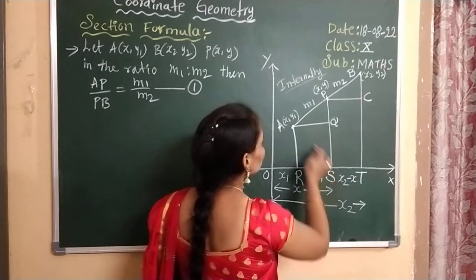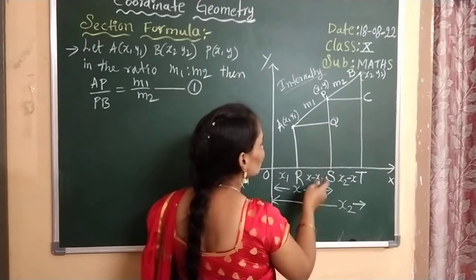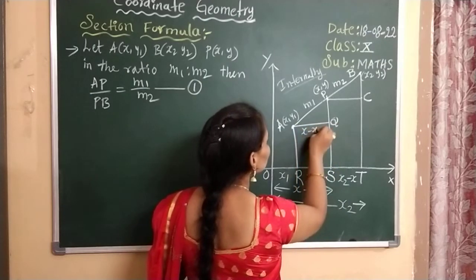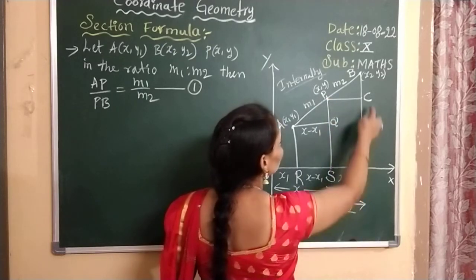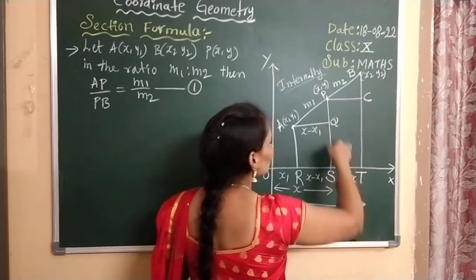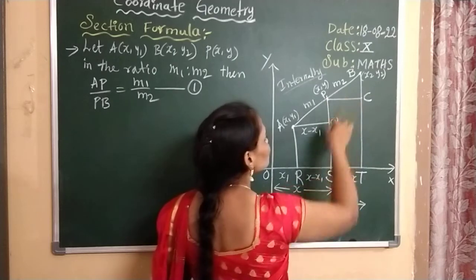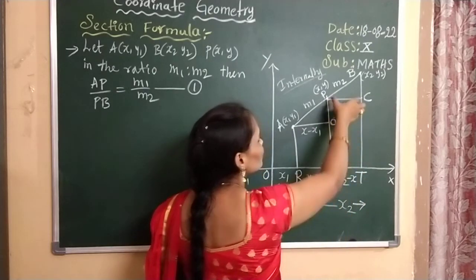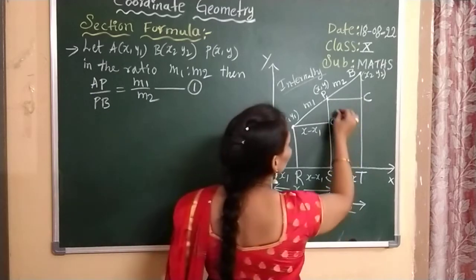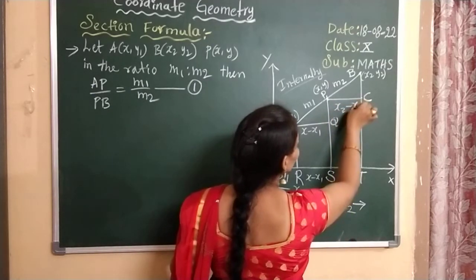So RS is equal to AQ. Here also PSTC is one more rectangle, opposite sides are equal, so the same length we consider here, that is x2 minus x.